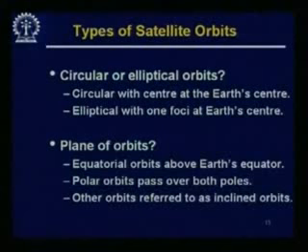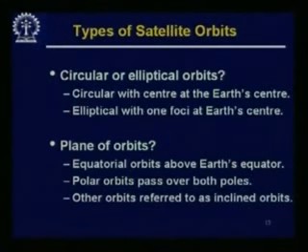Now, there are different types of satellites, and they have different types of orbits, circular or elliptical. For the circular orbit, it is circular with center at the earth's center. Elliptical has one focus at the earth's center. These are the possibilities. And then the plane of orbits. There are equatorial orbits above the earth's equator.